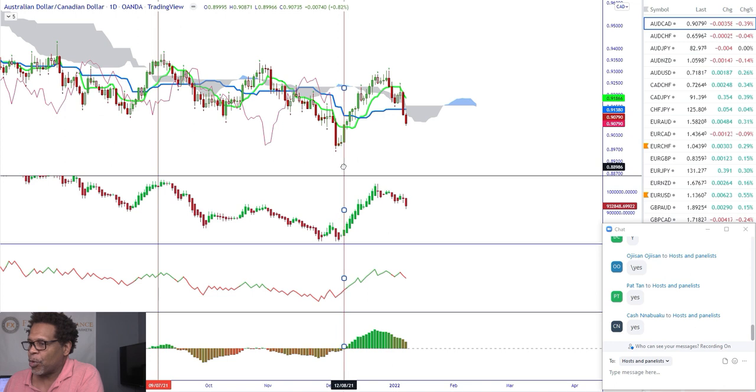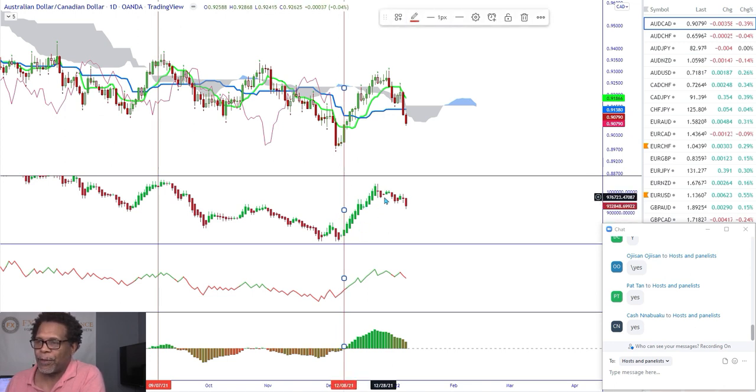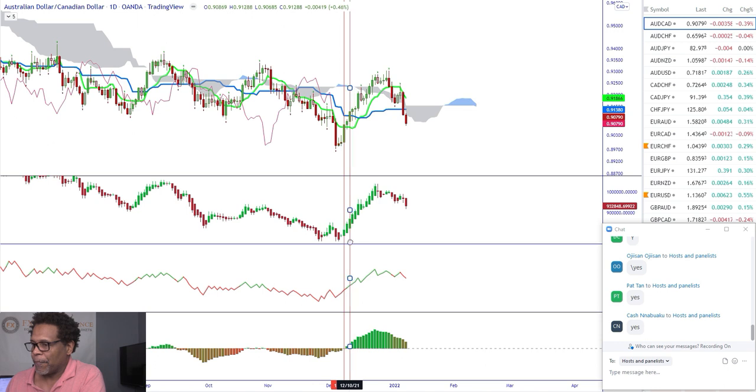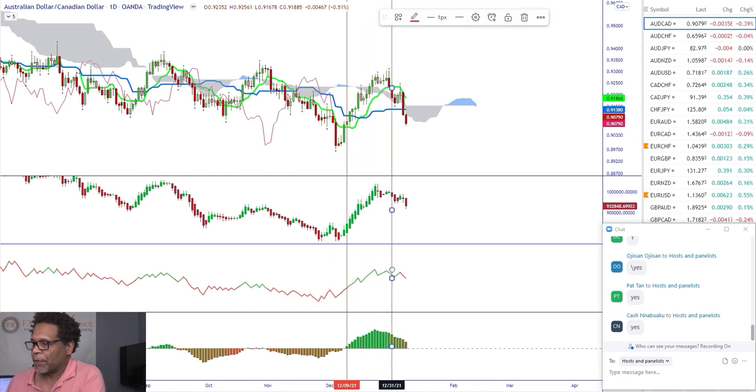At this point, we got green Heikin-Ashi cumulative volume bars, and they stayed green. And on the bottom, the OBV right here turned green and stayed green to this point.